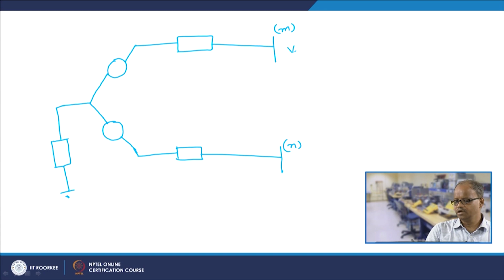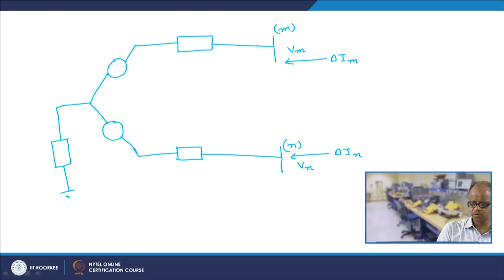Here the voltage is Vm, here this voltage is Vn, injected current here is delta Im, injected current here is delta In, and these currents meet together. So, here the total current is delta Im plus delta In, and this impedance is Zmn is equal to Znm.